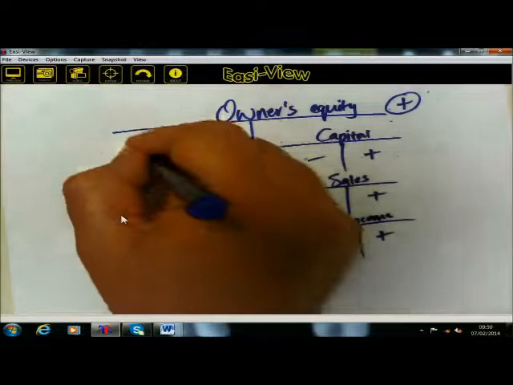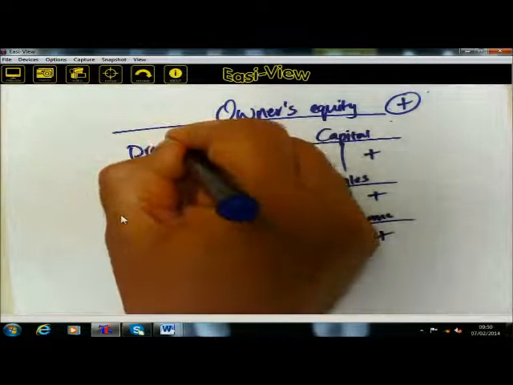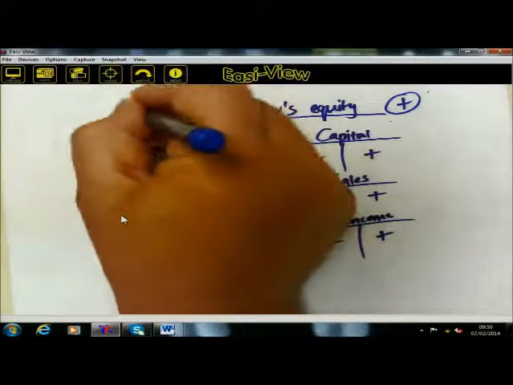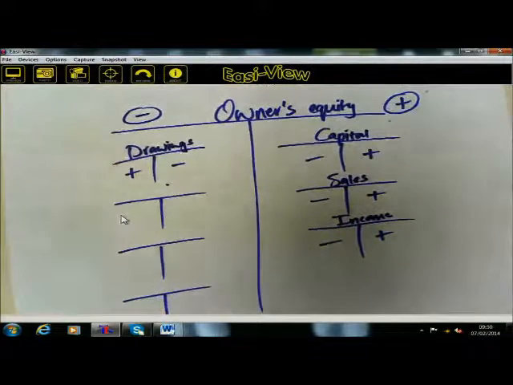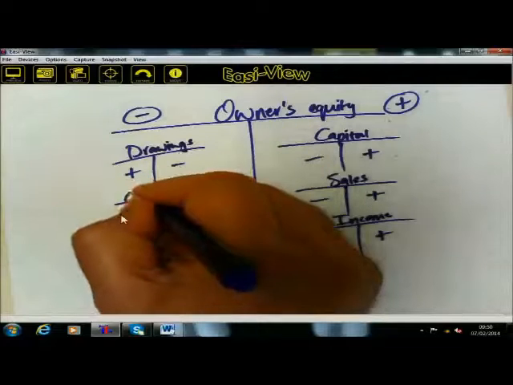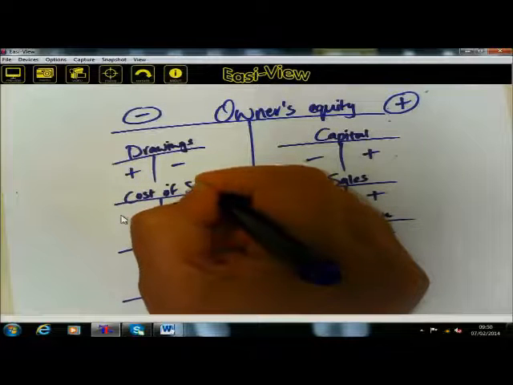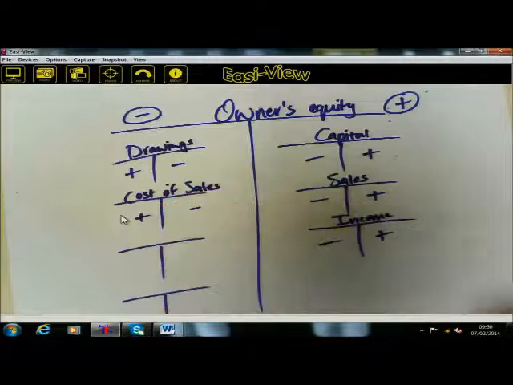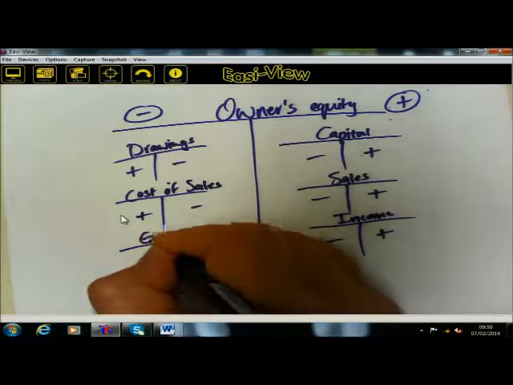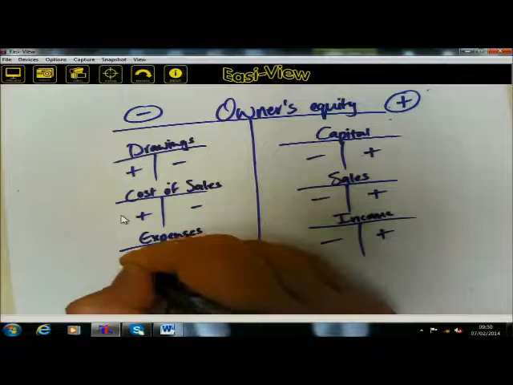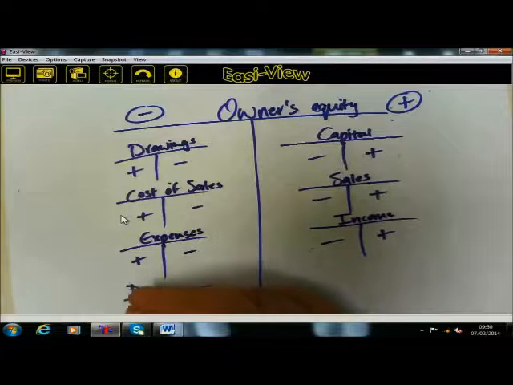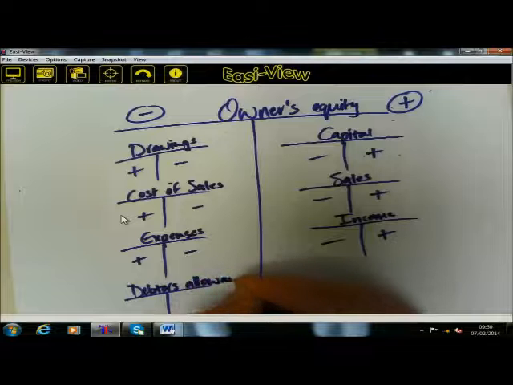On this side, we've got drawings. It's a minus plus, that makes your owner's equity less. Cost of sales is a plus minus. More cost of sales makes your owner's equity less. There we've got the expenses. And then we've got debtors, allowances.